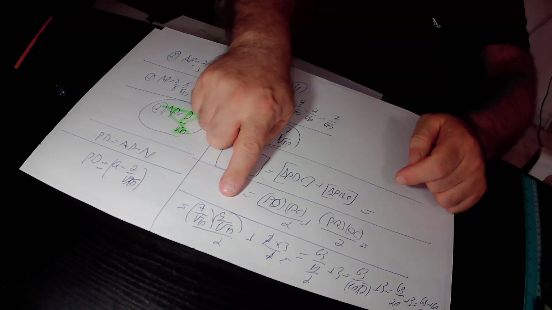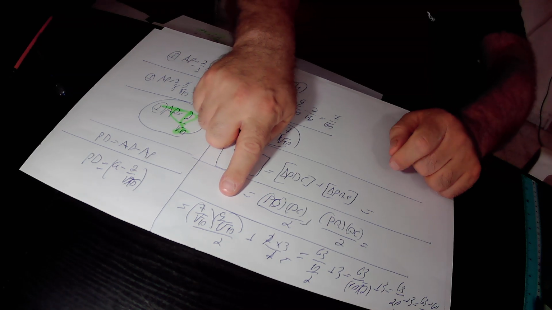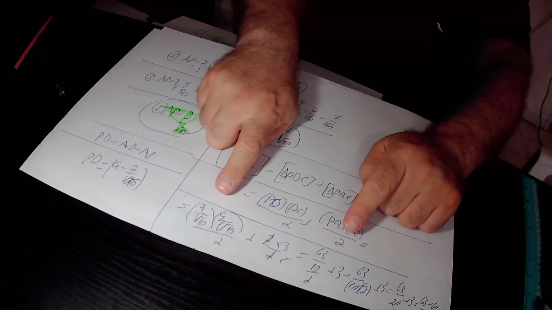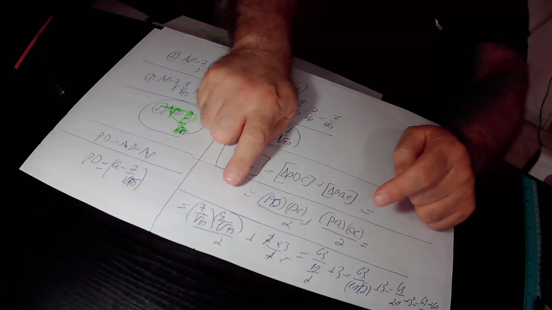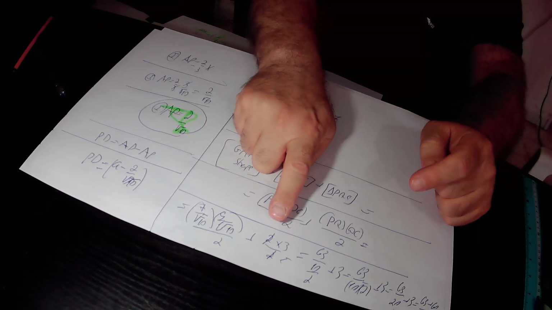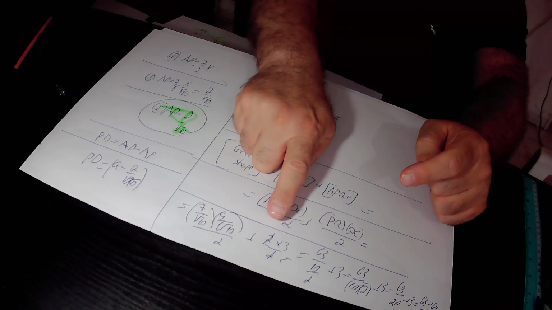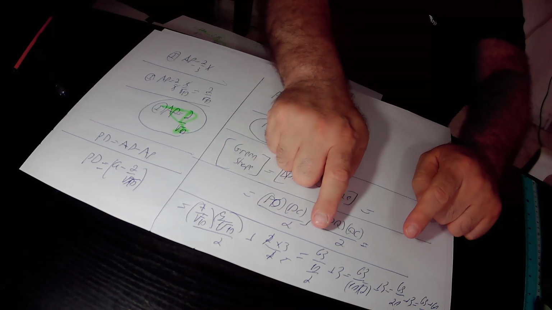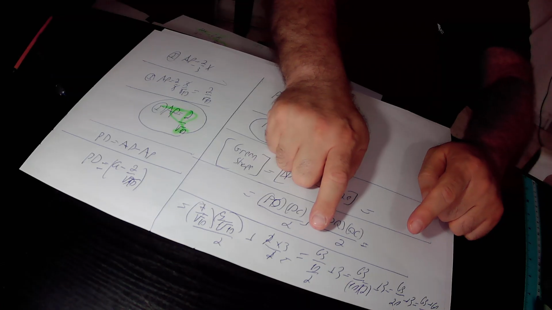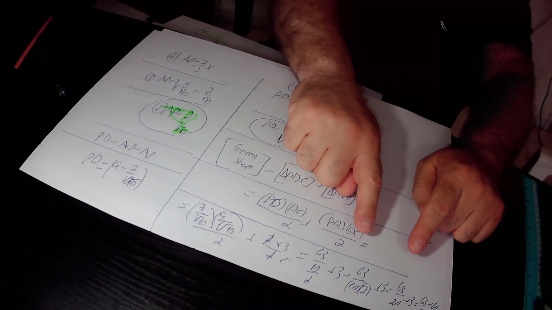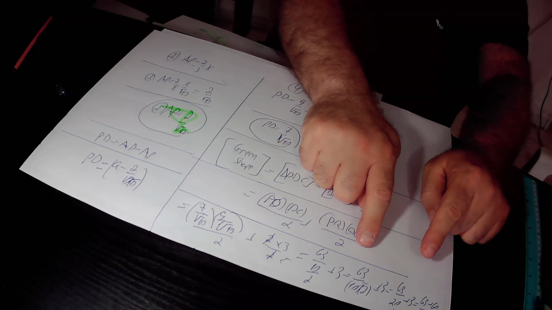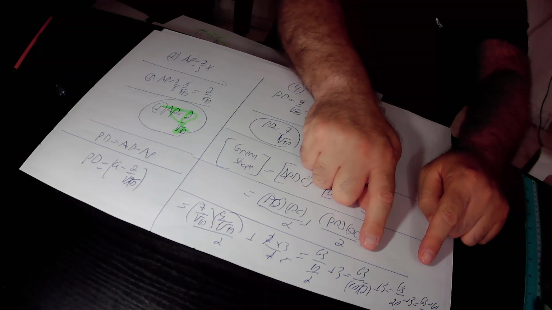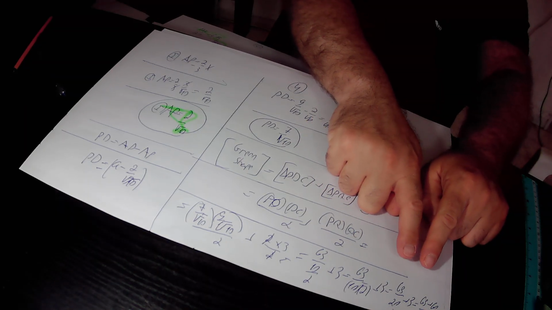So what is the value of this expression? We have 7 times 9 is 63, square root of 10 times square root of 10 is 10, divided by 2. Here we have 2 in the numerator and 3 in the denominator, so we can cancel the 2, and we are left with 3. 63 over 10 over 2 equals 63 over 10 times 2, plus 3. 10 times 2 is 20, so this expression total equals 63 over 20 plus 3.